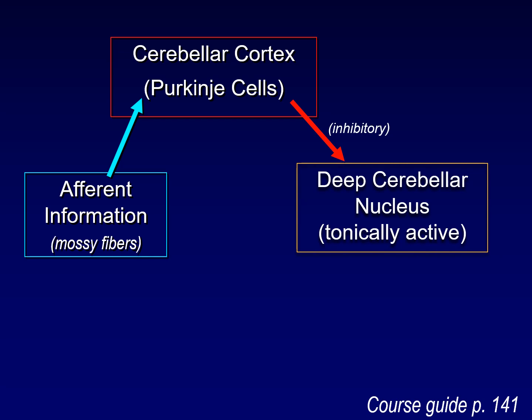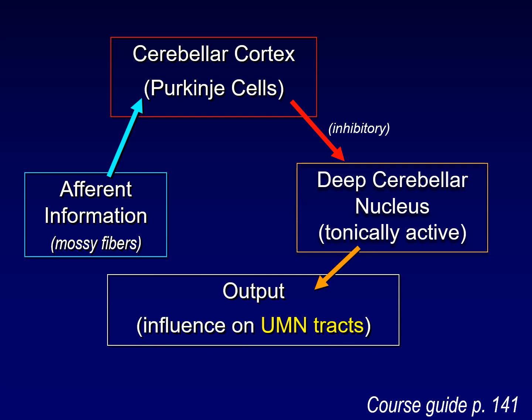These are GABAergic neurons. Now, the deep cerebellar nuclei, like neurons all over the nervous system, have some sort of background activity, and the influence of the Purkinje cells decreases that activity. The neurons in the deep cerebellar nuclei, these are the guys who are projecting out of the cerebellum, and the vast majority of those are in the superior cerebellar peduncle, projecting to one or another of the upper motor neuron tracts.